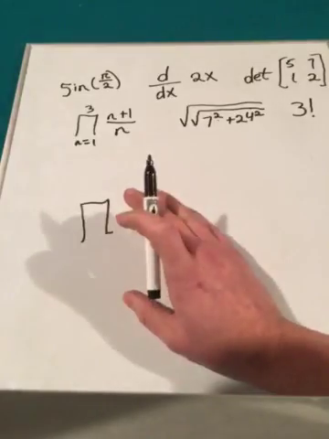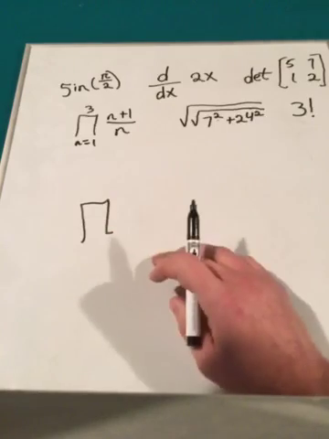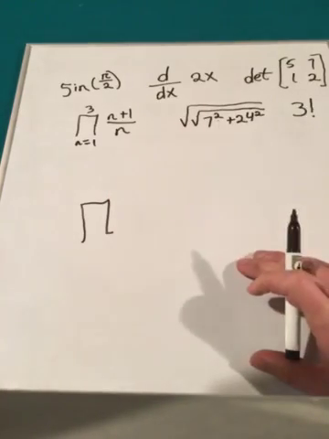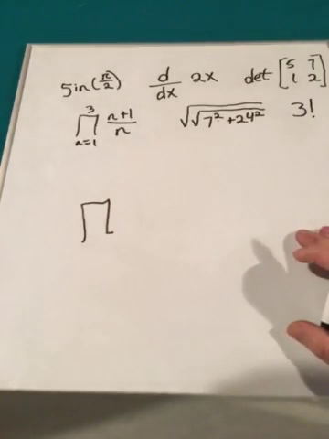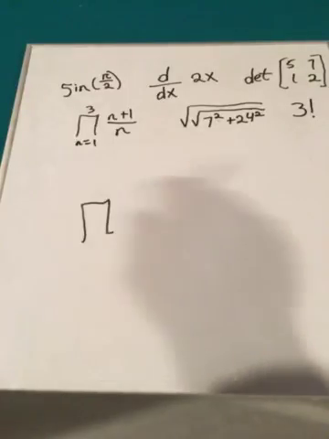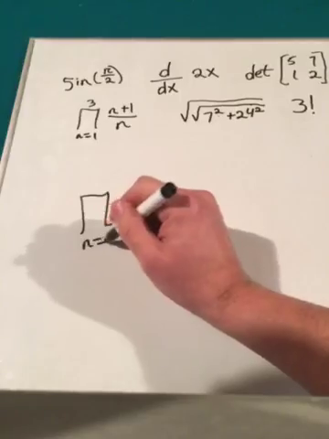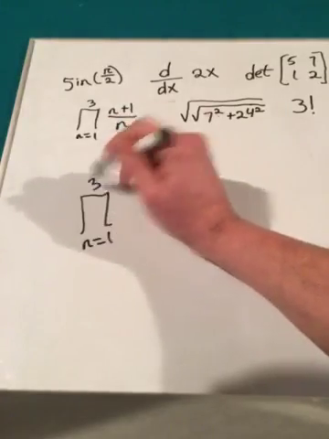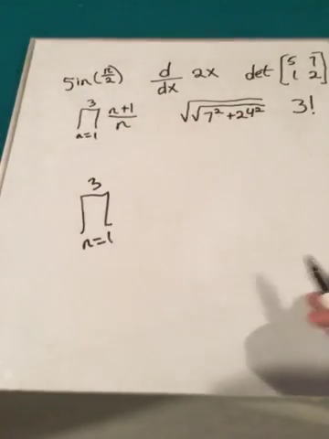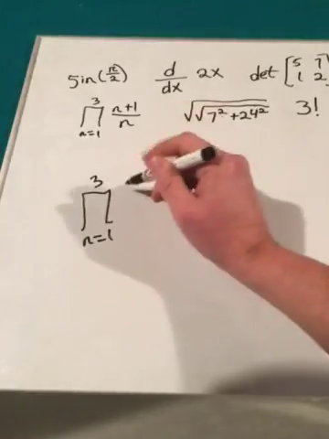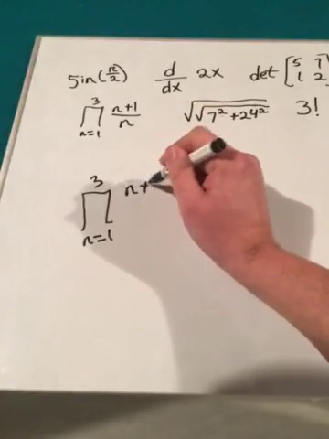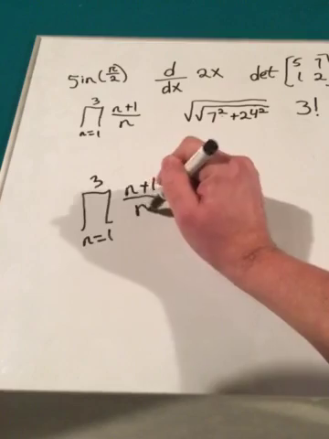The lowercase pi is pretty popular, but not so much the uppercase pi. But the uppercase pi can be used as a product formula, where we start at n equals 1 and stop at 3, and we take the product of (n plus 1) over n.